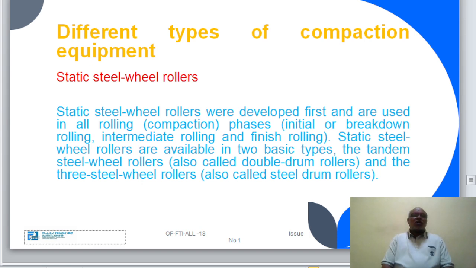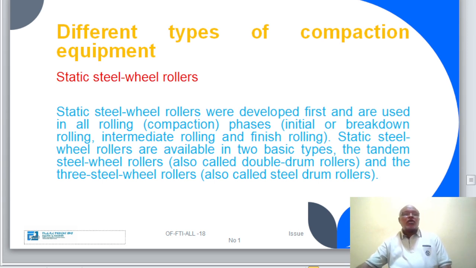The first one is the static steel wheel roller. Static steel wheel rollers were developed first and are used in all rolling or compaction phases. Static steel wheel rollers are available in two basic types: the tandem steel wheel roller and the three steel wheel roller.